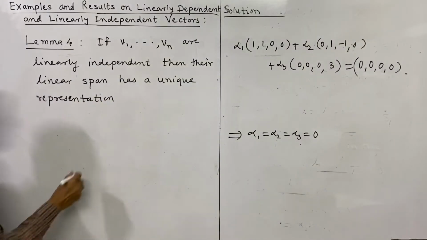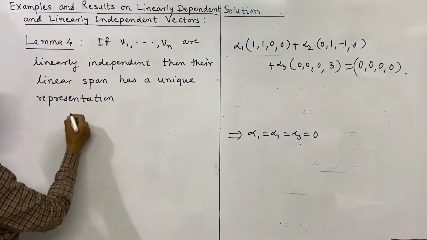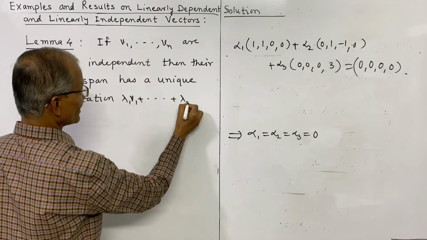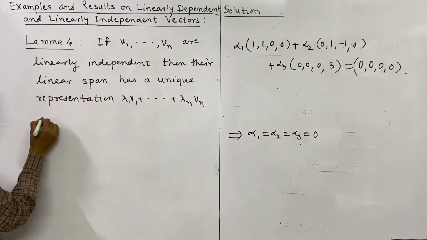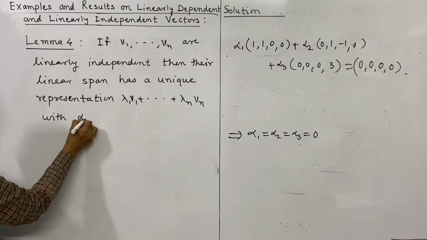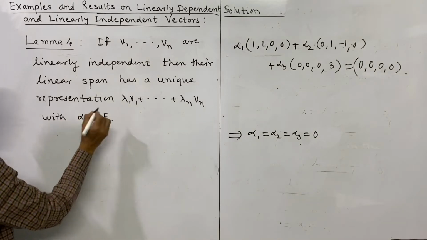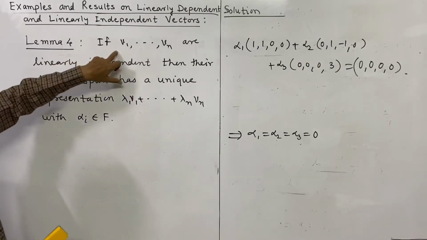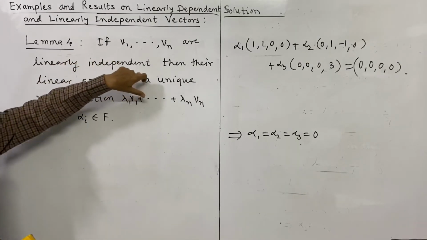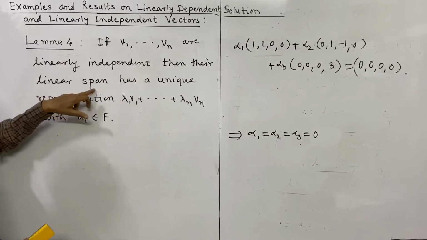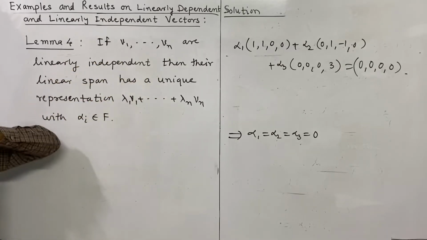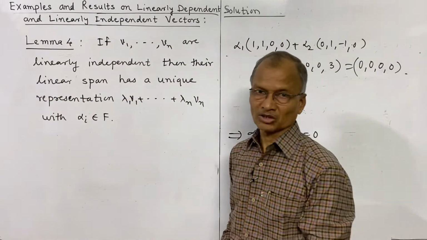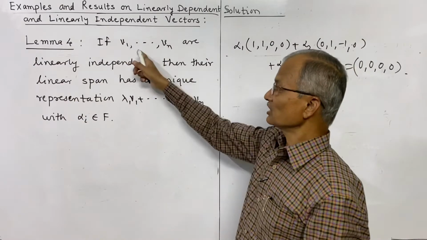Unique representation of this type, lambda 1 V1 plus so on up to lambda n Vn, with lambda i belonging to F. Means these lambda 1, lambda 2 are scalars. So it is assumed that V1, V2, Vn are linearly independent vectors in V. Then their linear span. What is a linear span? We have defined earlier. Linear span means all possible linear combinations of these vectors.